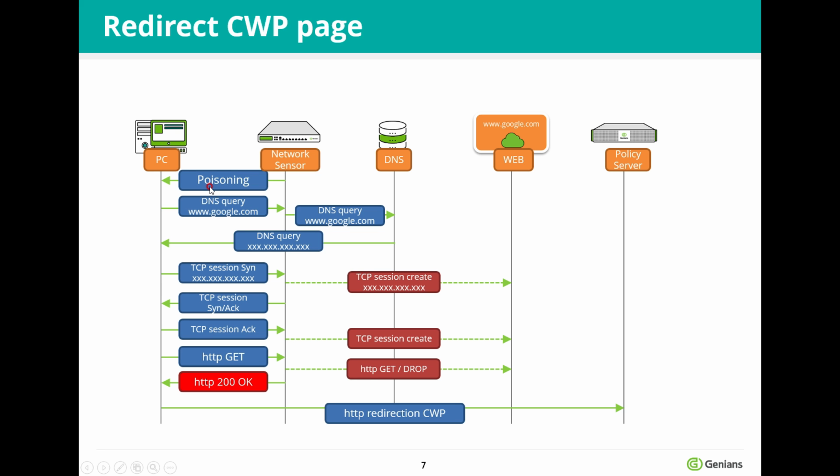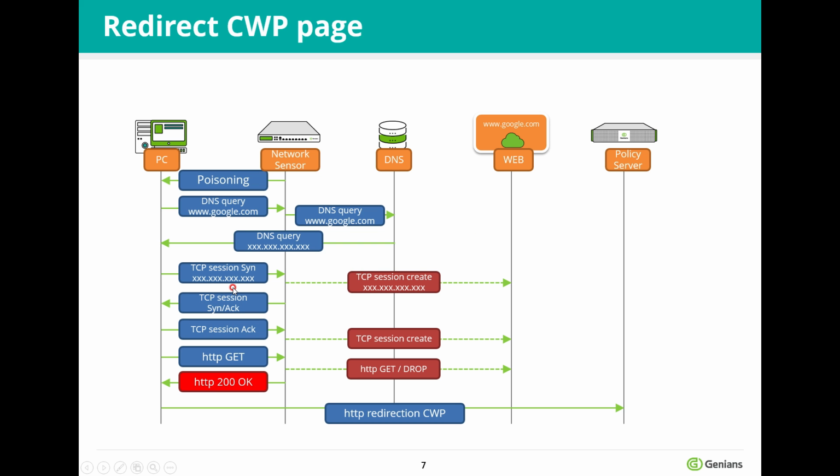So when the PC queries the DNS to get the IP address for the Google URL, the network sensor queries the DNS server for the URL information on behalf of the PC.